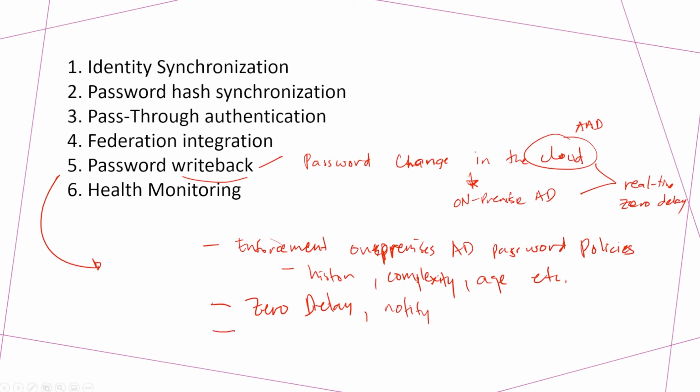It also supports change from the access panel from Microsoft 365. So if you log into your Microsoft account, you can change it straight from there. Also, admins can do that from the Azure portal. And those are all immediate changes, no delay.